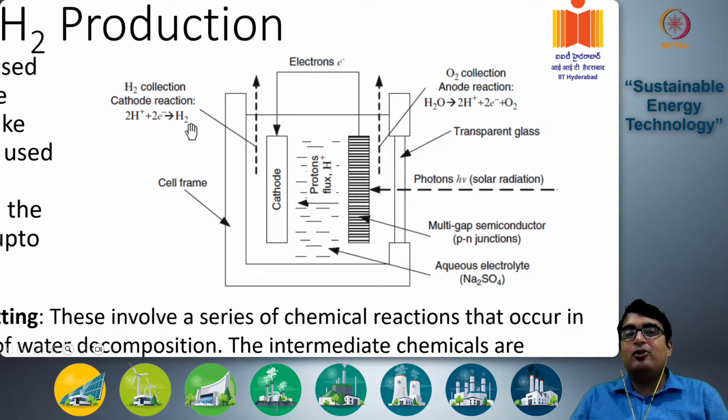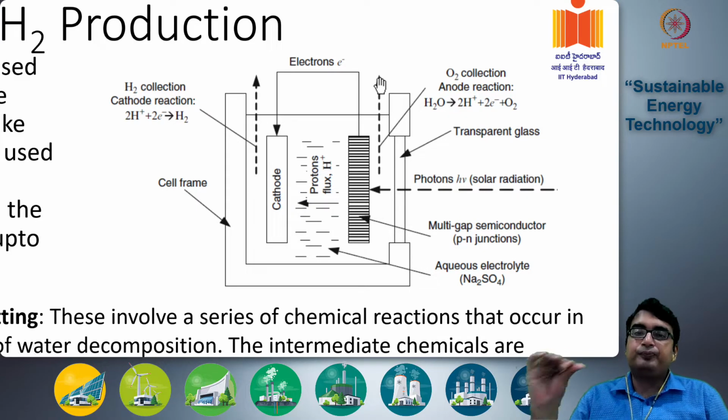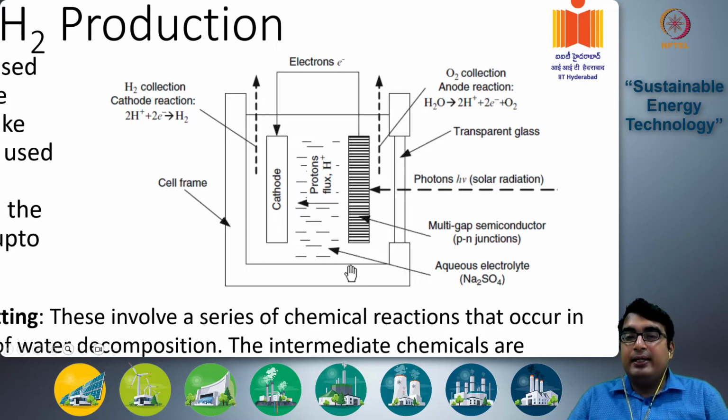At the cathode, the H plus ions coming through the electrolyte and the electrons coming from the external circuit come together to produce hydrogen, and this hydrogen is taken out here, and the oxygen is taken out here. The water is absorbed from this aqueous electrolyte, so there has to be a flow of water into this electrolyte system.